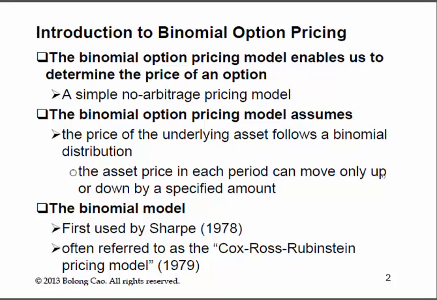But it turns out this simple assumption can help us, at least to start, understand the basic pricing of options. And if you extend this model into multi-periods, with many ups and downs over time, it can actually give you the Black-Scholes formula. This binomial price idea was first used by Sharpe in a 1978 paper.